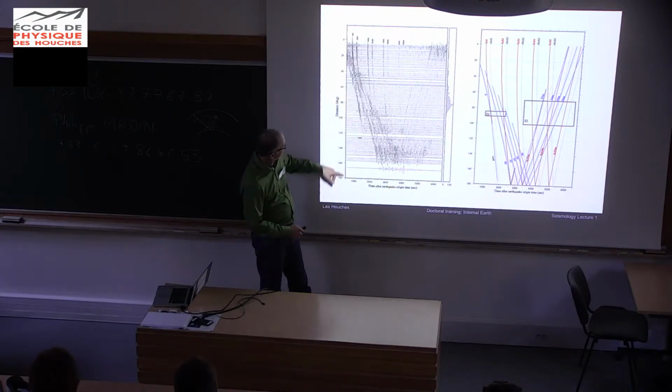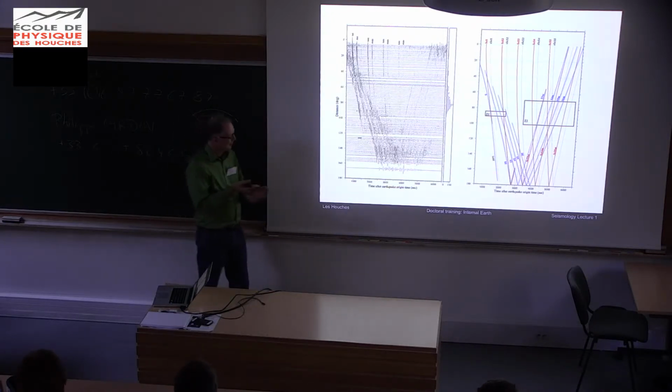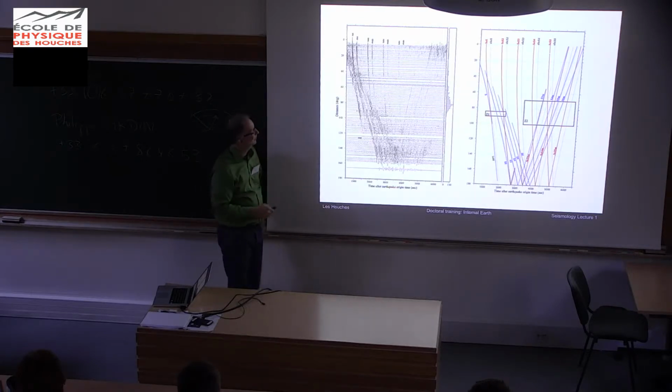And this is distance. So 0 means I am at the earthquake. 180 means I am antipode on the other side of the planet. And these are SH data, so horizontally propagating, perpendicular to the path, parallel to the surface. And so we see the S wave very strong here.